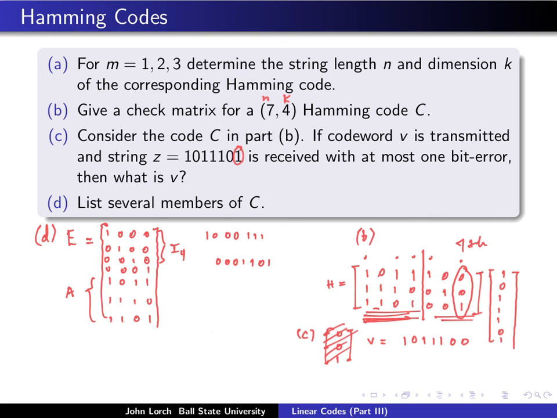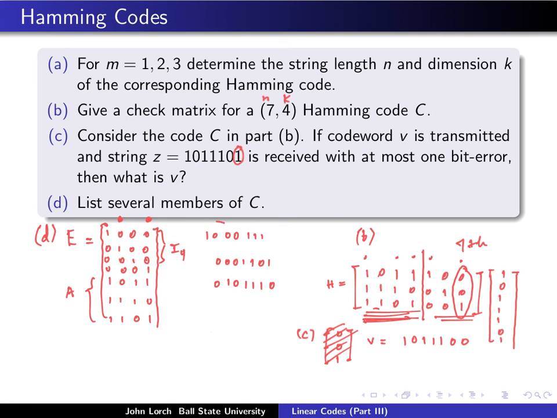That's a code word. What if we added a couple of these columns together, like maybe the first and the third column? We could add them together. That gives 0, 1, 0, 1, 1, 1, 0, right?